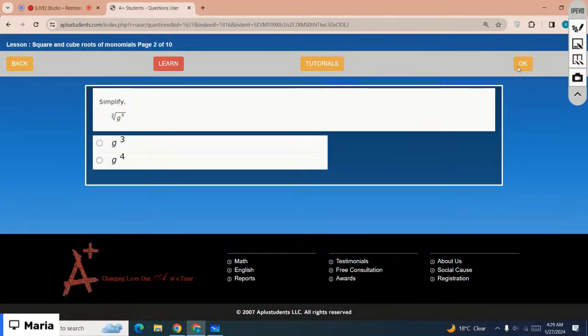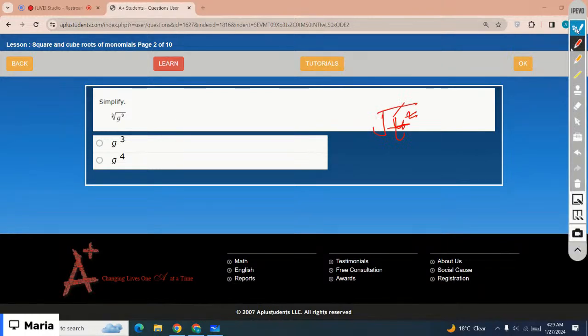Okay, the next one is simplify g^9, that is a cube root, right? Cube root is different. You have written 3 outside the root, right? That is the cube root. So you have g exponent 9, you can write the root as exponent 1 over 3. You can do g 9 times 1 over 3. So 3 times 3 is 9 and 3 times 1 is 3. That would be g cube.